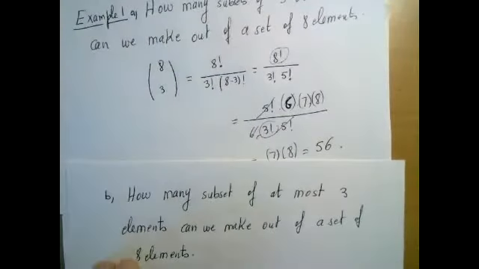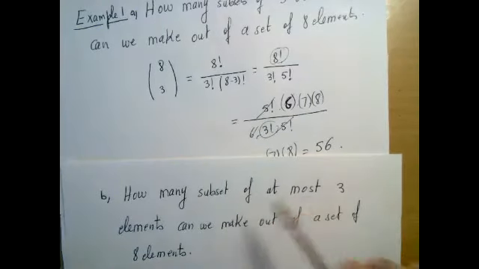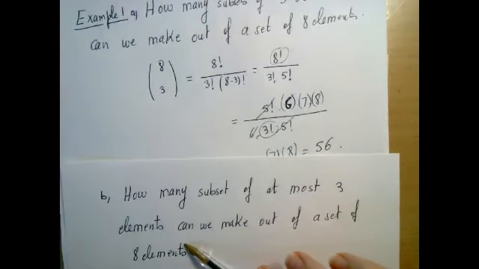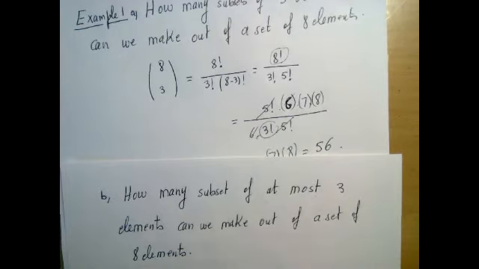Okay, now question number B. How many subsets of at most 3 elements can we make out of a set of 8 elements? Now I'm going back to you. How would you do that?